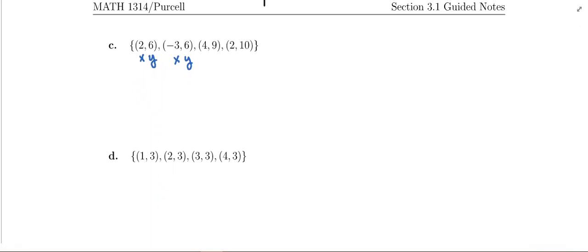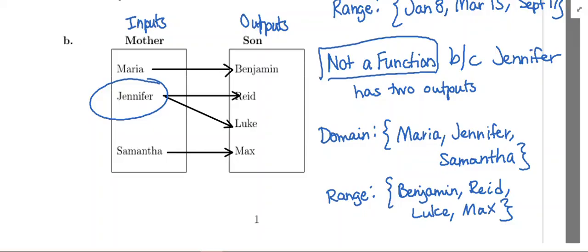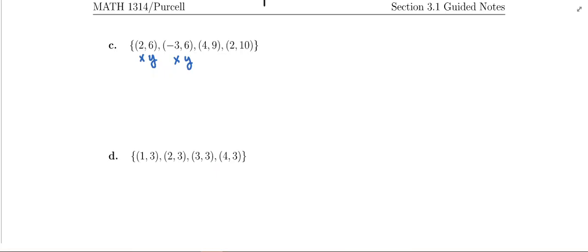What you can do here to determine this is make it look like what we saw in examples 1A and 1B with the arrow diagram. So let's talk about how you would convert this into an arrow diagram. You're going to make a column for your x values and for your y values.